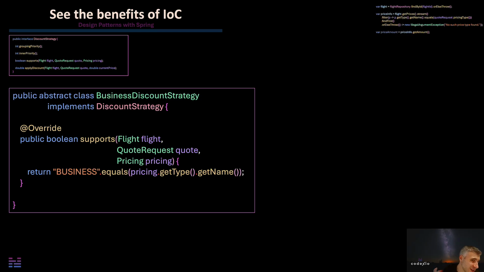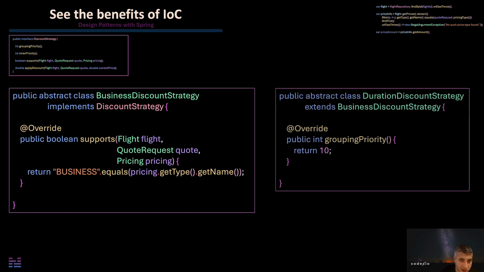They cannot be applied otherwise. And then you have a specific class, or again a grouping class, which is the duration discount. So it's again part of the business discount strategy. This more concrete abstract class, still abstract but more concrete, is part of the business discount strategy.